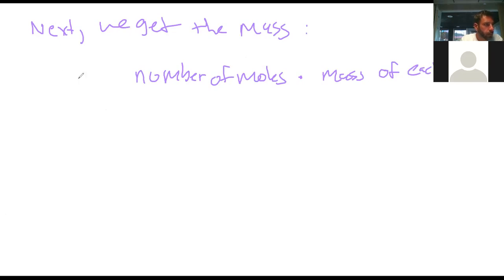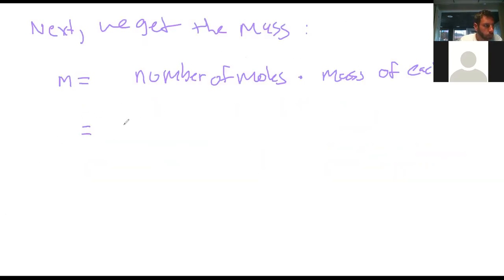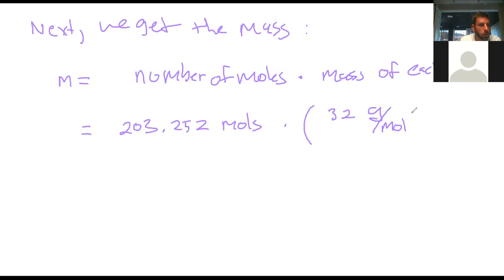So let's use M for mass. The number of moles we calculated to be 203.252. So that's moles. And then we multiply by the mass of each one. Like I said, if you Google it or look it up on the periodic table, we'll round it to 32, and that's grams per mole. And I shouldn't be writing moles with an S. It's not correct.